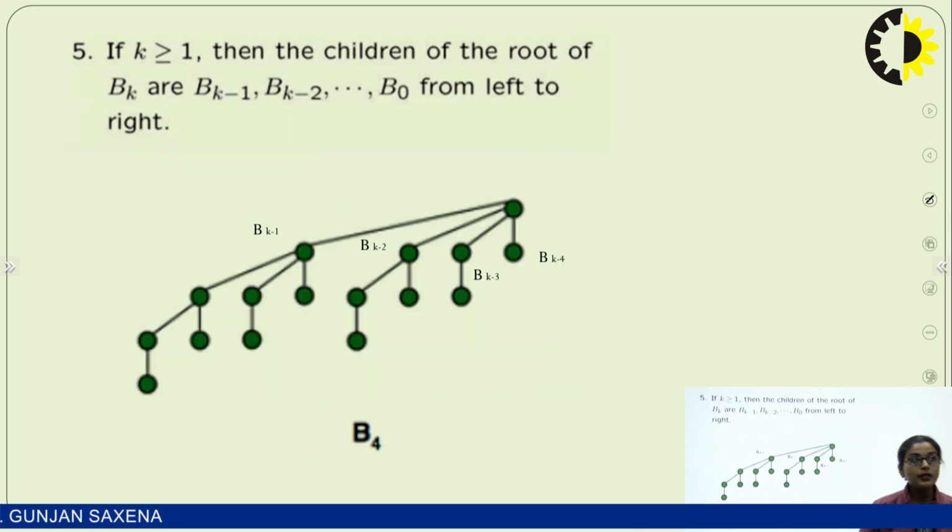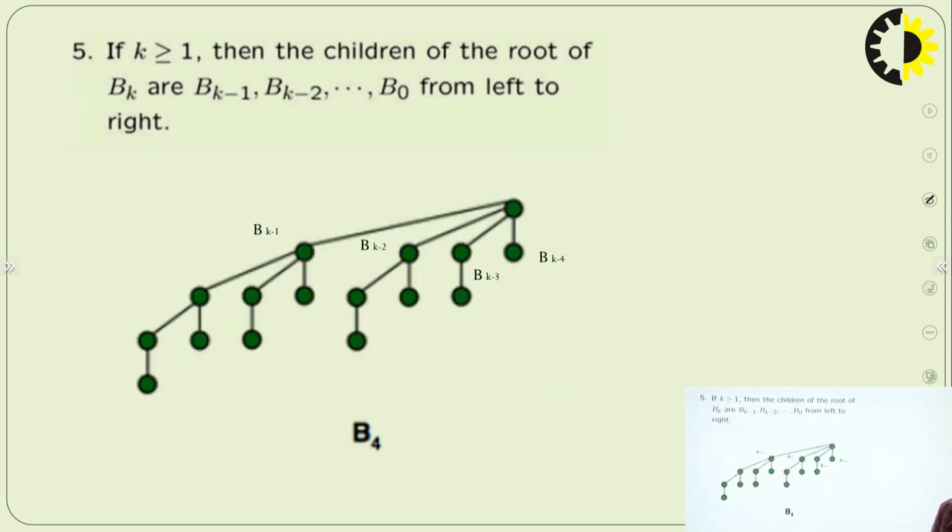Okay. In the fifth property, what we are saying is, if k is greater than or equal to 1, here the value of k is 4, then the children of the root have a particular order from left to right.